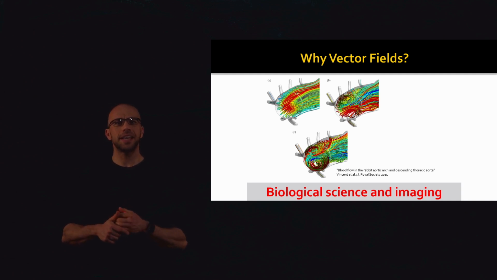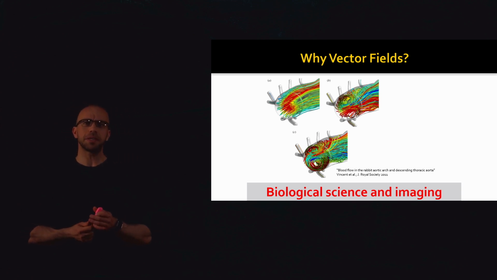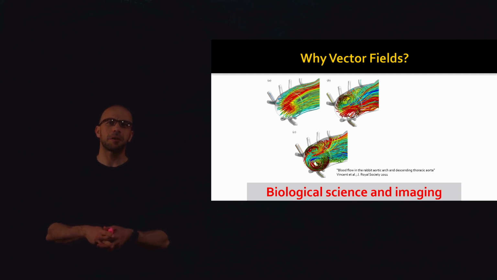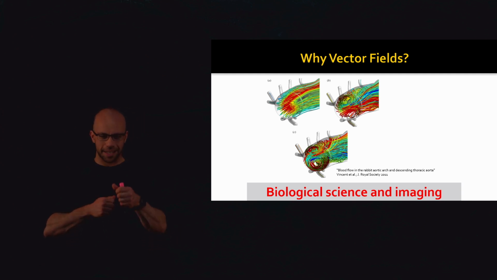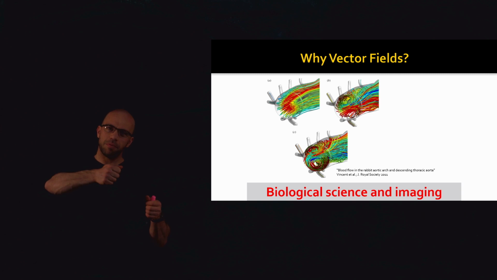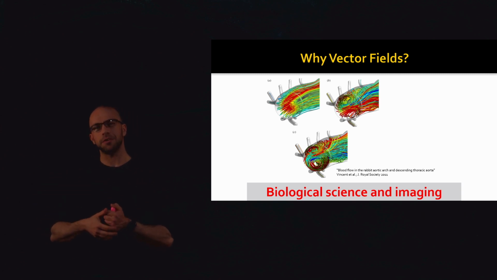And indeed, it actually appears not just in the obvious physical setup, but also in other areas of imaging. So for example, in diffusion tensor MRI and other MRI modalities, what you're really sensing is the ability of blood to flow in different directions at different points in the interior of your brain or whatever organ you're imaging.